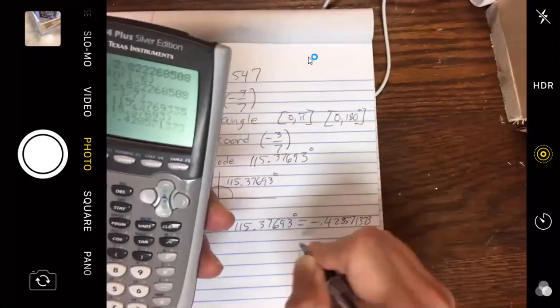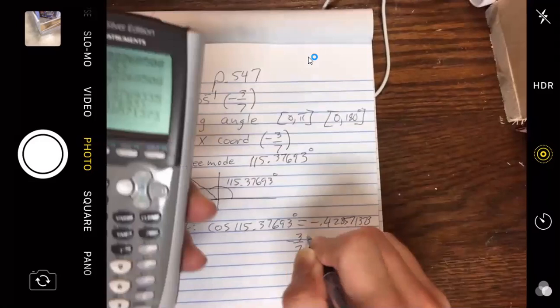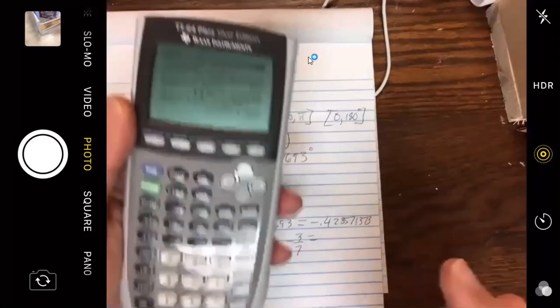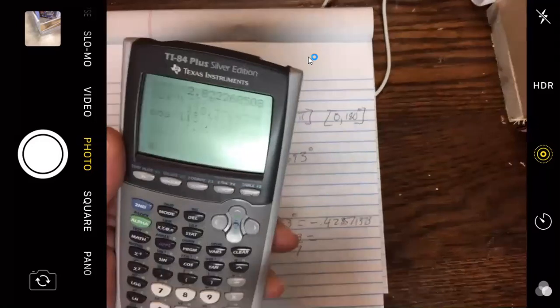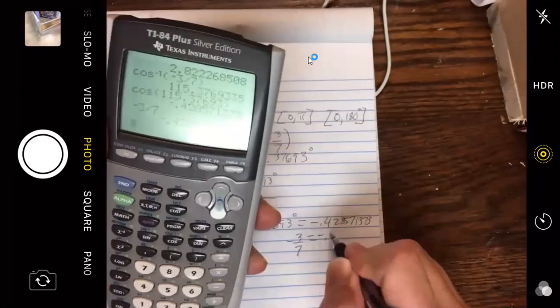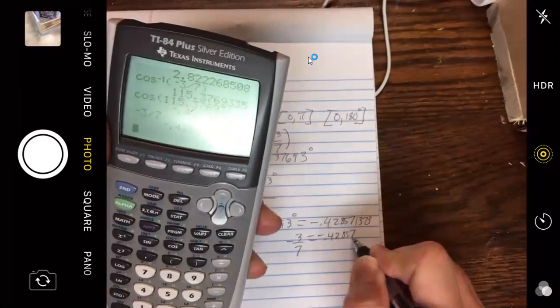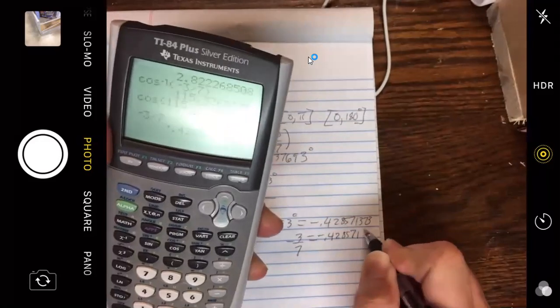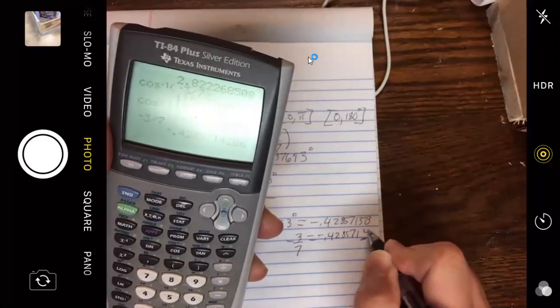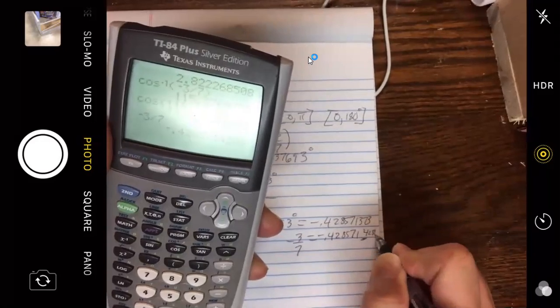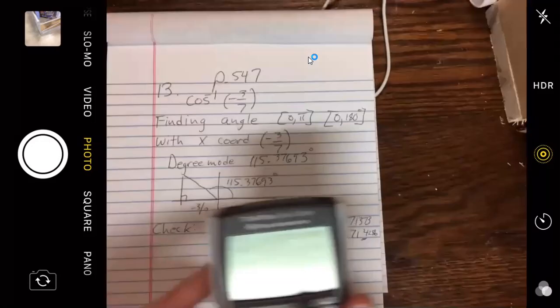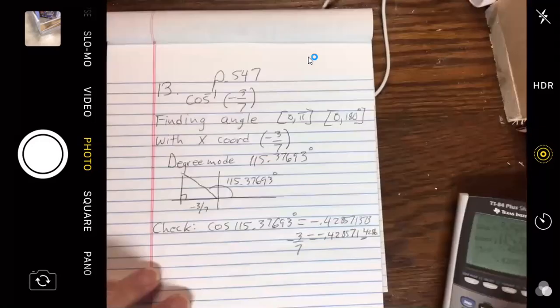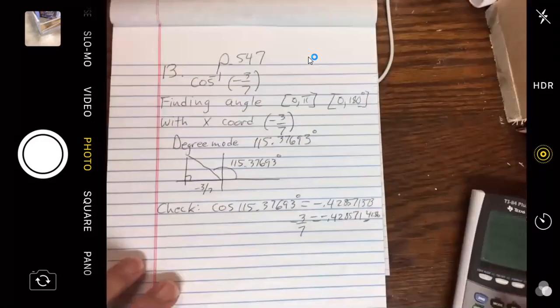And if I took -3 divided by 7, you get -0.428571. It starts differing right here at 4286, so you get agreement to 6 places.